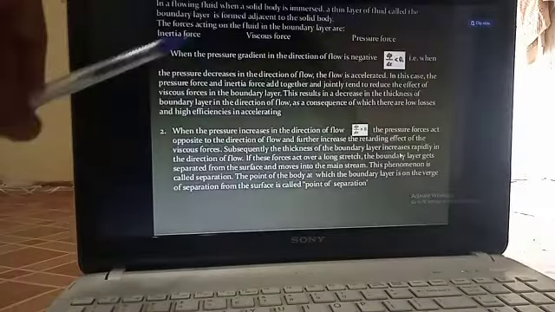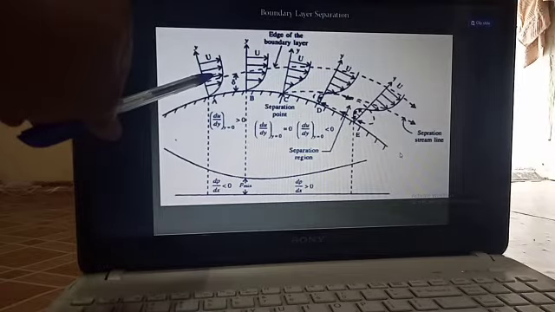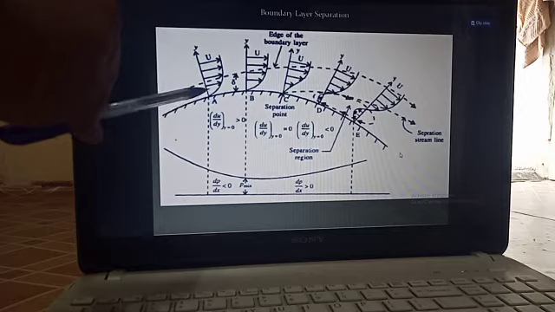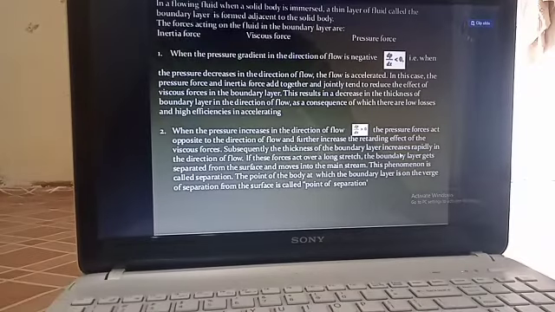So the pressure force and inertia force get added together and retard the viscous force in the boundary layer.